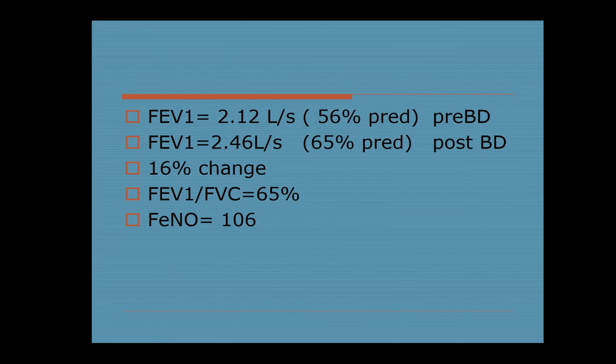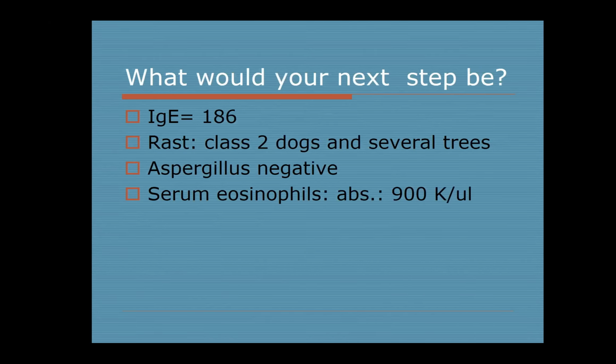Would you want to do a RAST test? Would you want to do that asthma profile, what we call the asthma profile? Why not? Right? So she gets an asthma profile done, and she is class 2 allergic to dogs and several trees, but nothing else. And she's only class 2, and her total IgE is 186. Right? So she's right in the middle of our graph, because the childhood onset had high IgE and lots of allergies.